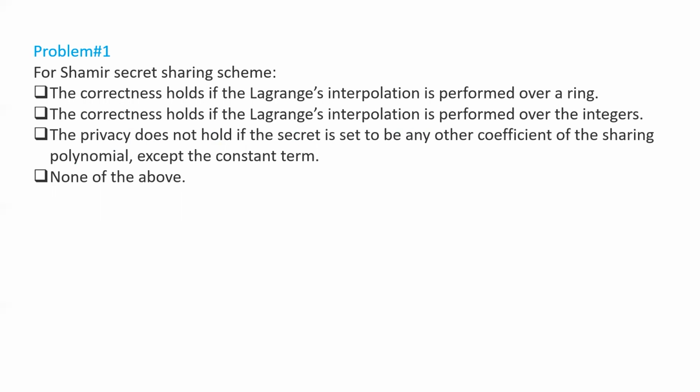In the Lagrange coefficient, there is a numerator and a denominator, and whatever element is present in the denominator, we need to calculate its multiplicative inverse in the field F. So we need all the elements of that set to be invertible in order to get the Lagrange interpolation to work.